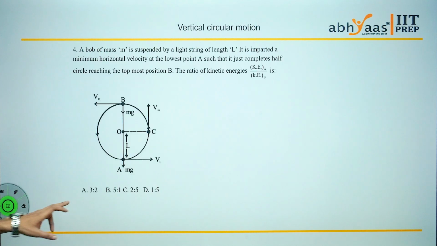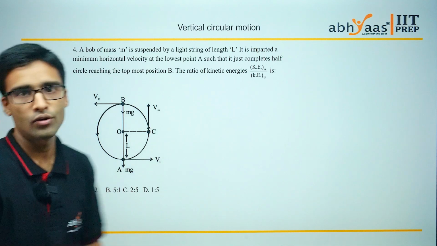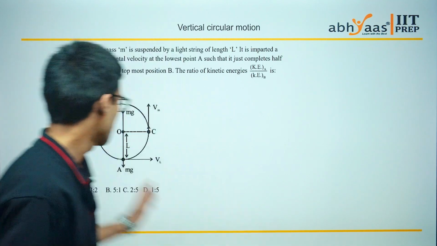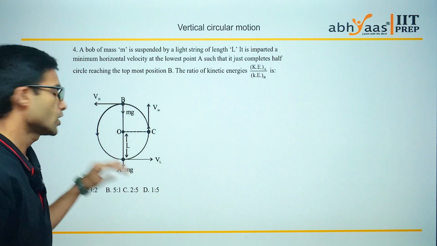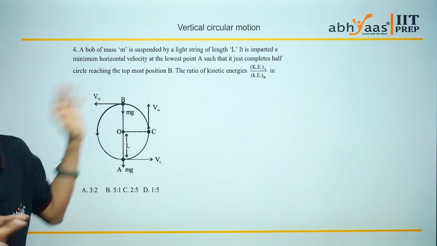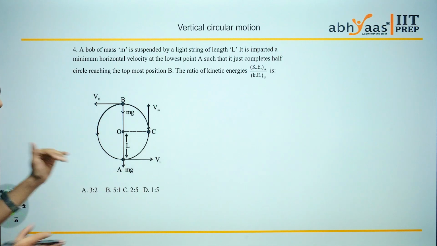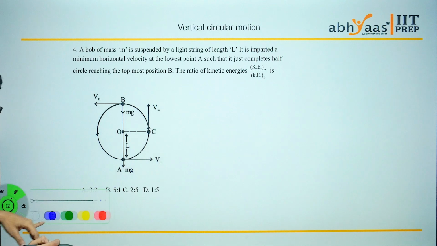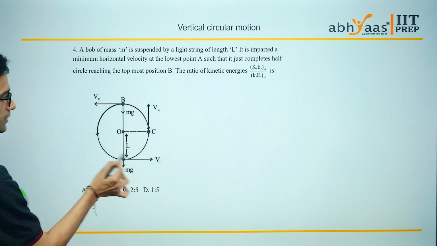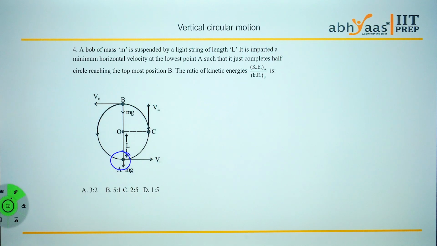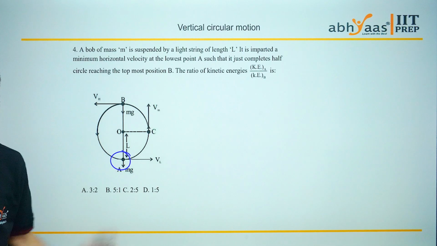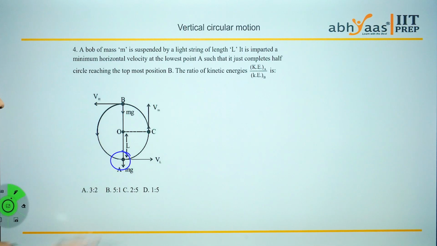Now going to the next one. Here also we have a bob of a pendulum. Here the lowest position is there, the highest position is there. Lowest position means point A, highest position means point B. If you observe, at the lowest point only kinetic energy is there. At the highest point, kinetic plus potential is there because it is rotating.